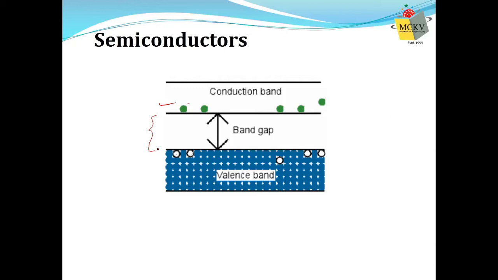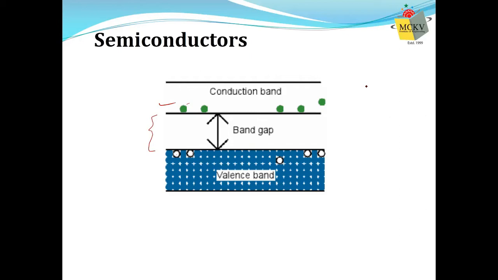As a result, when you place a semiconductor at room temperature, that means say 27 degrees centigrade, that means 300 Kelvin, you are supplying some amount of heat energy, and that energy is sufficient to raise some valence electrons to conduction band. That means in case of semiconductor, there are covalent bonds, and some of those covalent bonds will be broken, and some electrons, some charges will be free. That means they will be in the conduction band.